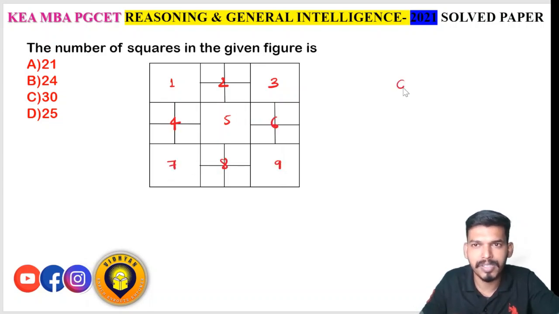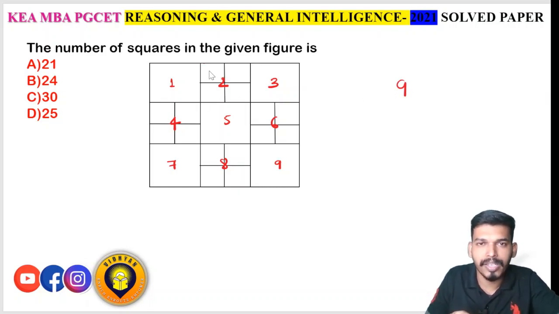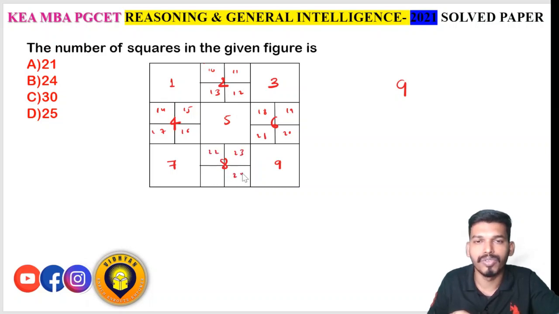So there are 9 squares. Again in this square there are again 4 squares, 10 11 12 13. Here 14 15 16 17 18 19 20 21 22 23 24 25, correct?